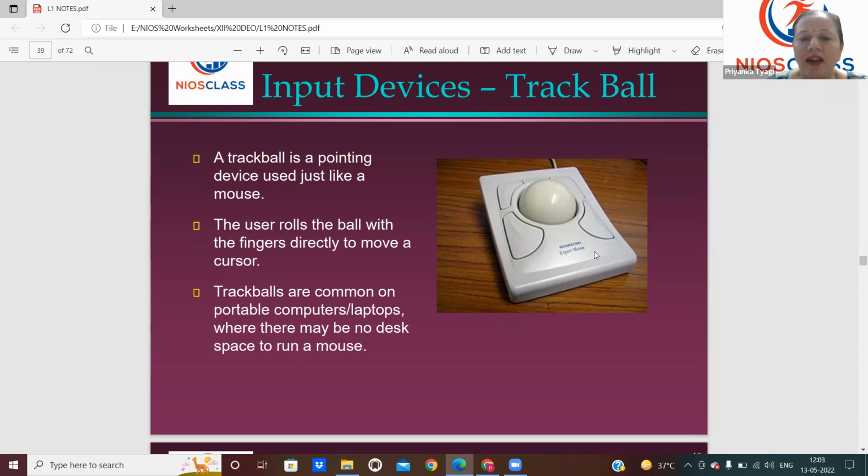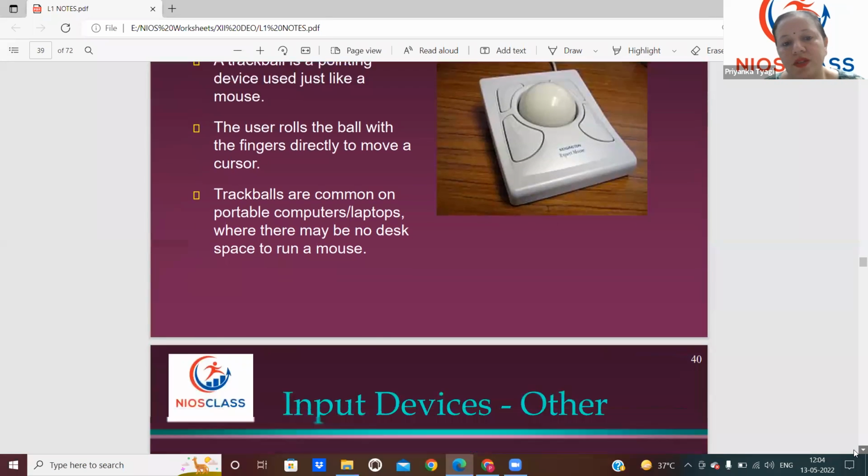Similarly, in the trackball, the ball is always situated on the upper surface, and with our finger we can move the ball to control our pointer. So the user rolls the ball with the finger directly to move a cursor. Trackballs are common on portable computers, laptops, where there may be no desk space to run a mouse.